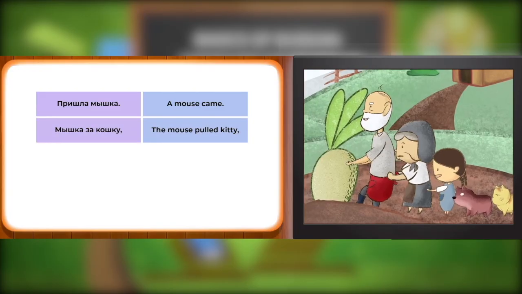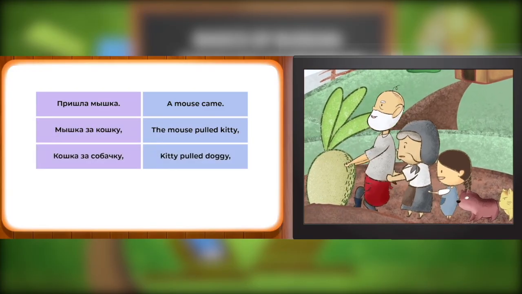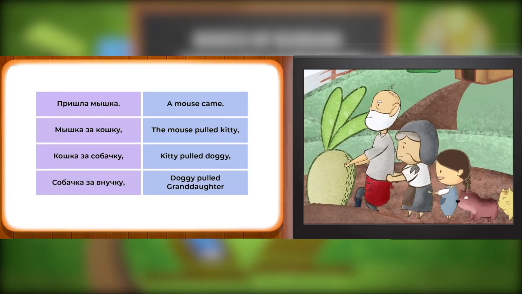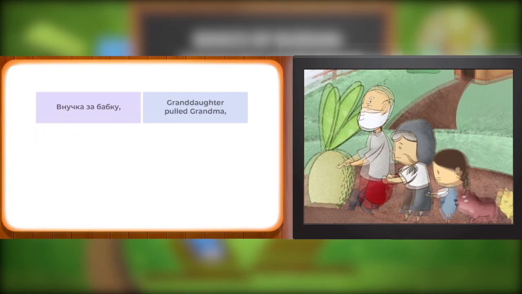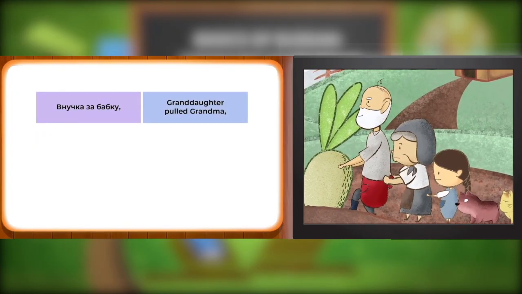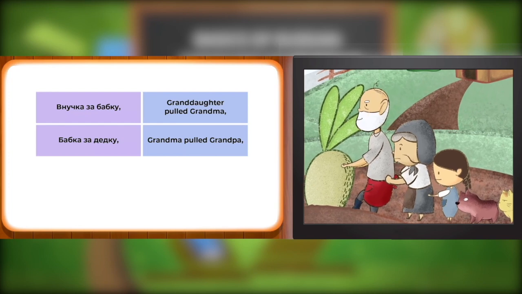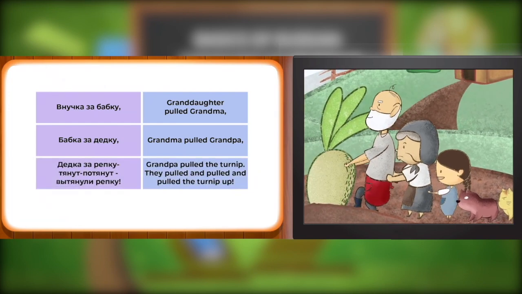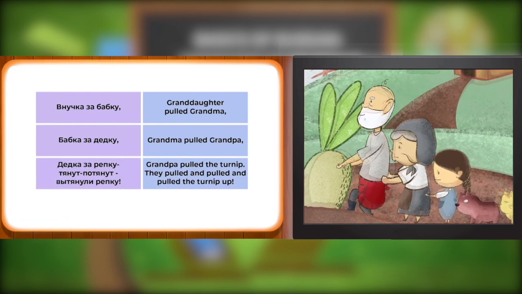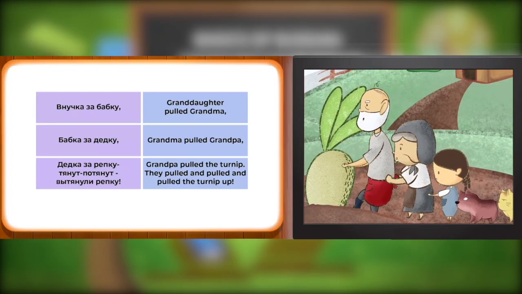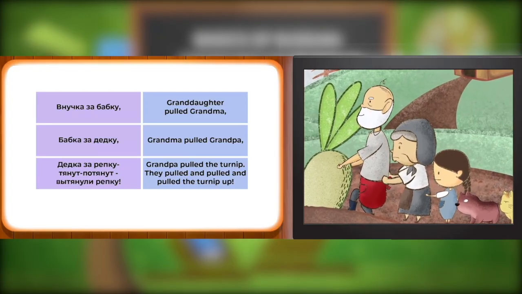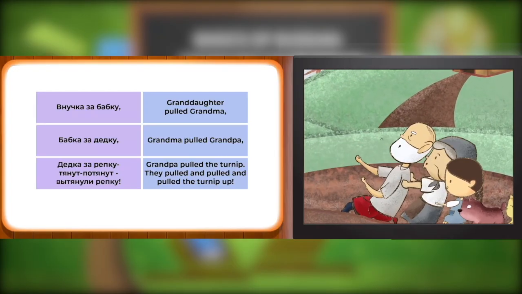The mouse pulled kitty. Kitty pulled the doggy. Doggy pulled granddaughter. Granddaughter pulled grandma. Grandma pulled grandpa. And grandpa pulled the turnip. They pulled and pulled and pulled the turnip.